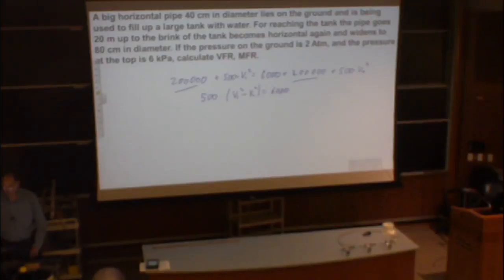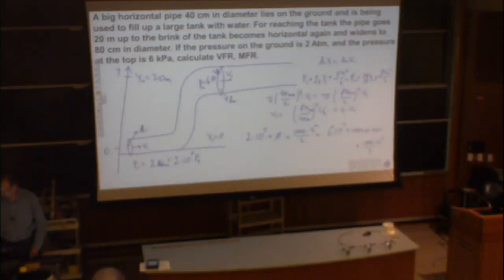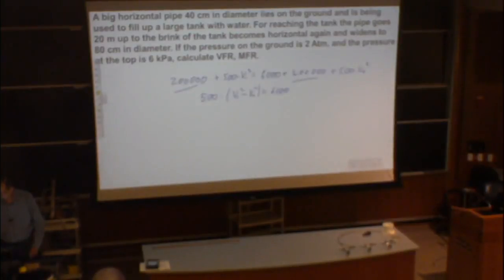But we know from the continuity equation that V1 is equal to 4 times V2. So our equation can be simplified: 500 times 4 times V2 squared minus V2 squared equals 6,000.